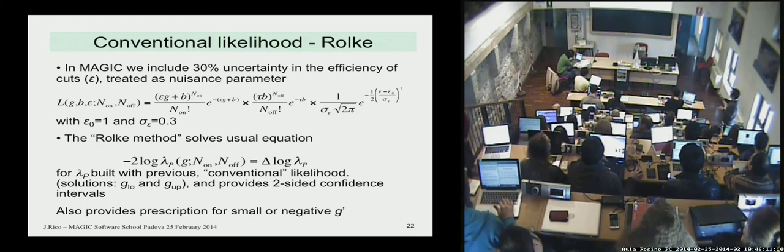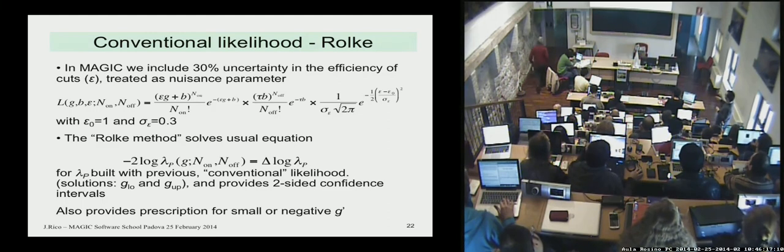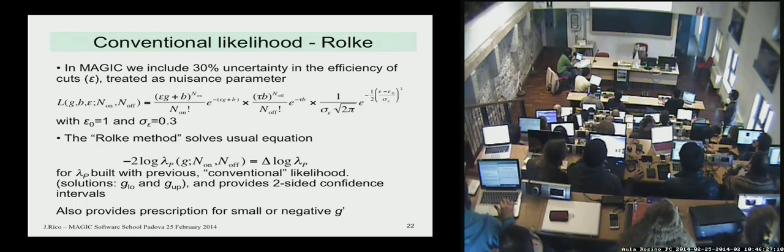For my discussion here, it really doesn't matter. Whatever the likelihood is, the only point I want to make is that the main difference with respect to the ideal case is introducing this extra nuisance parameter, which I don't think fits very well with magic, but somehow we use it to include some effect of systematics.